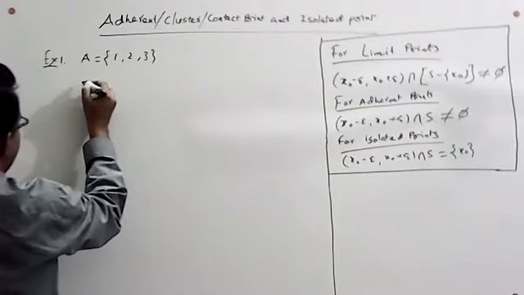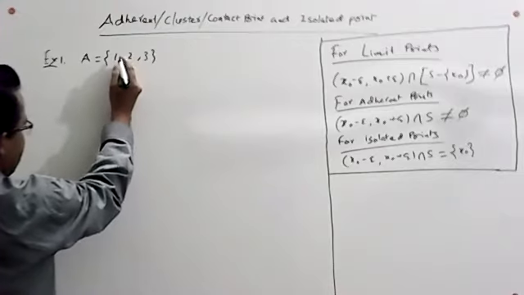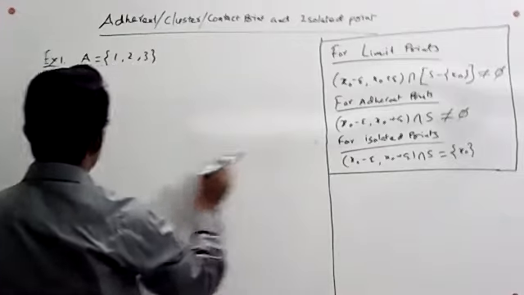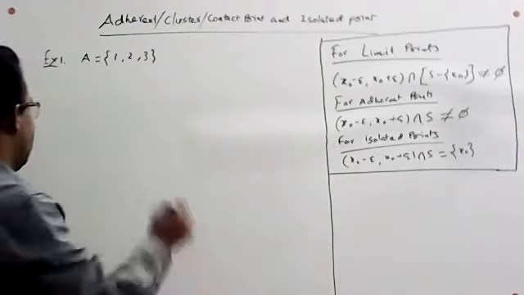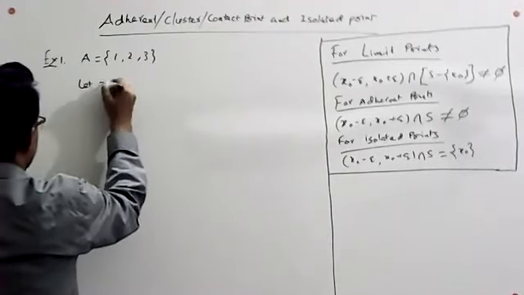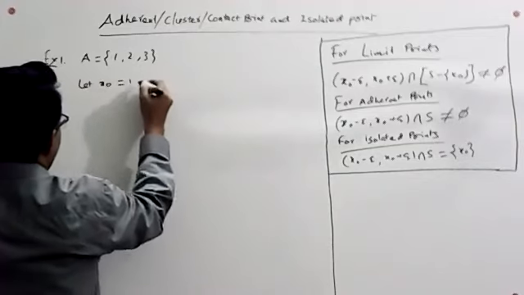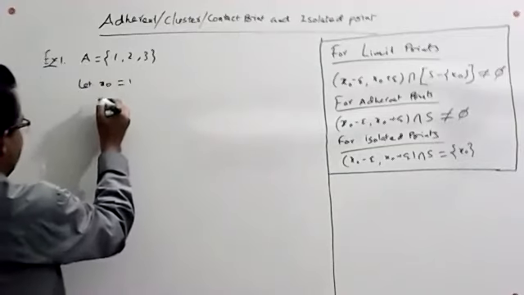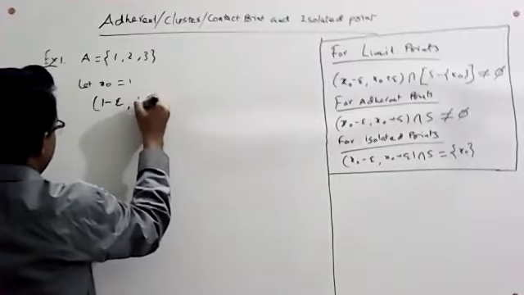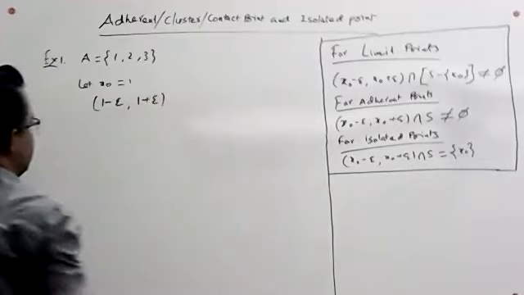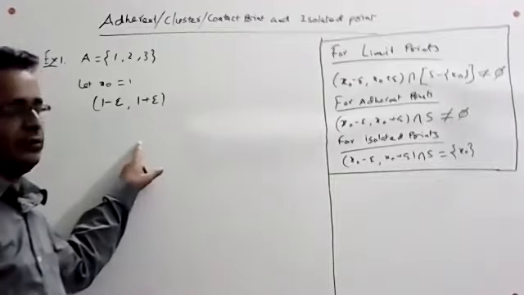If we take a number from this set, an isolated point must lie in the respective set. So let x0 equal 1. Now if we make an interval or neighborhood around 1, we have 1 minus epsilon to 1 plus epsilon.